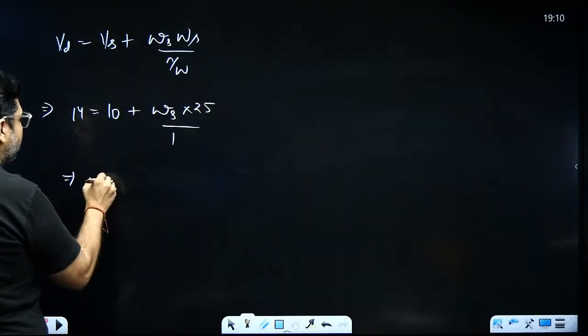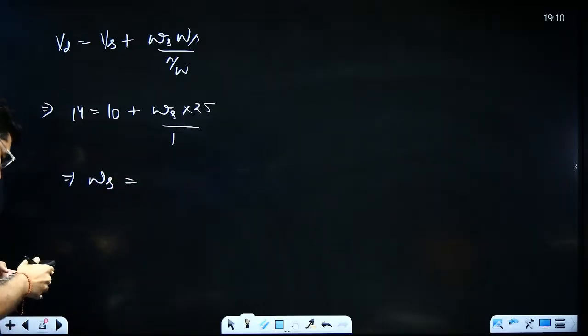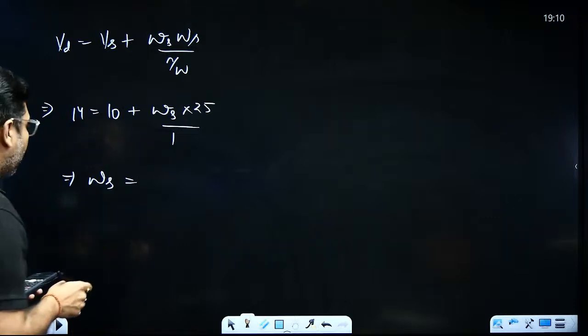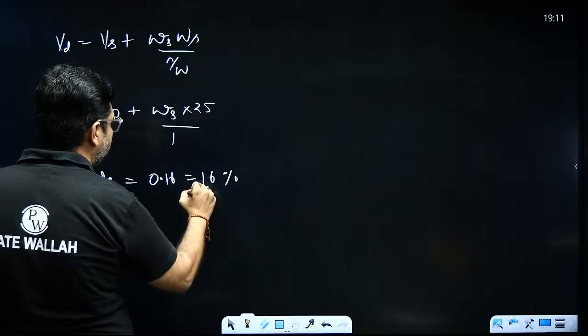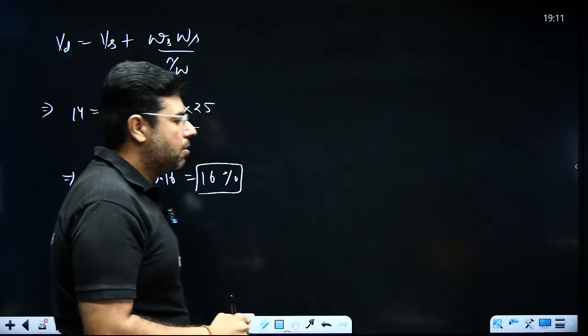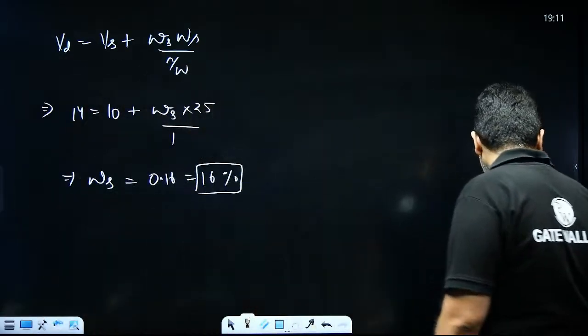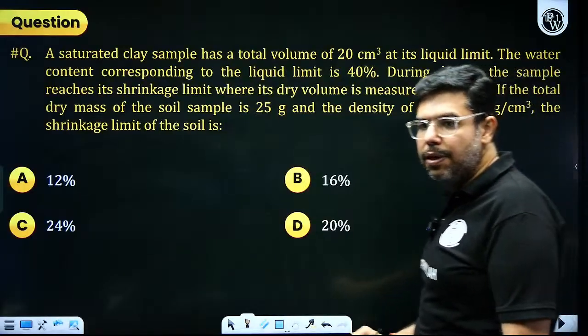So this implies shrinkage limit is how much? 4 divided by 25, 0.16. That is equal to 16%, the correct answer. So 16% means B is my correct answer.